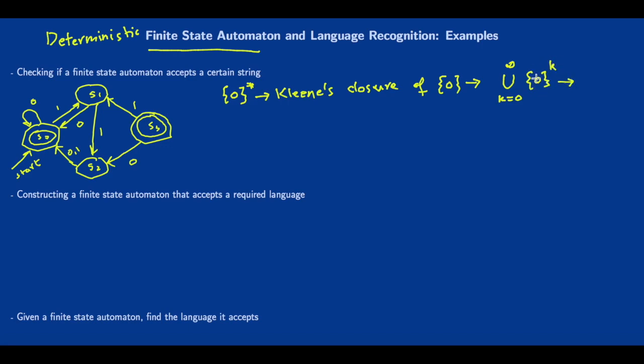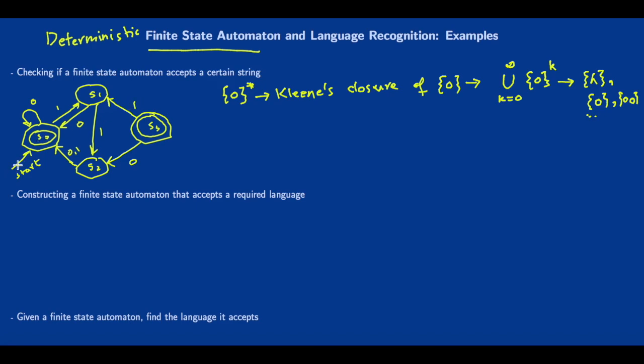This set to the power of 0 is just the empty string. This set to the power of 1 is just 0. Then for 2 it is 0 0, and so on. So we have a string of all zeros and we have an empty string here. So whether it is accepted by it or not.